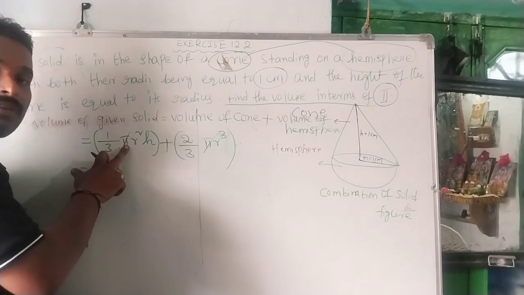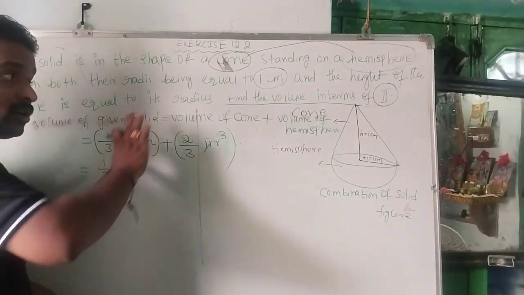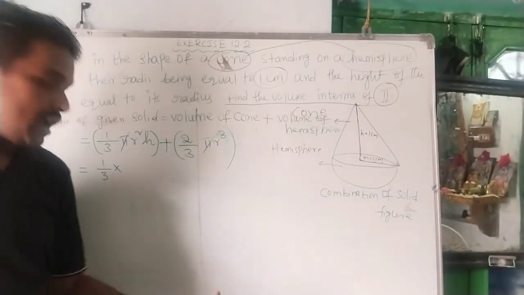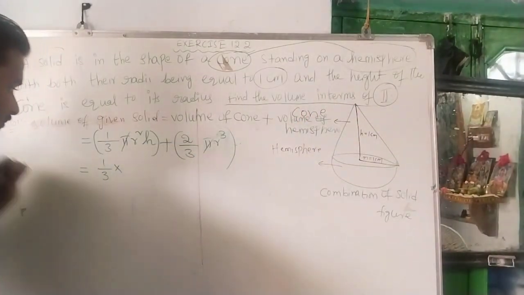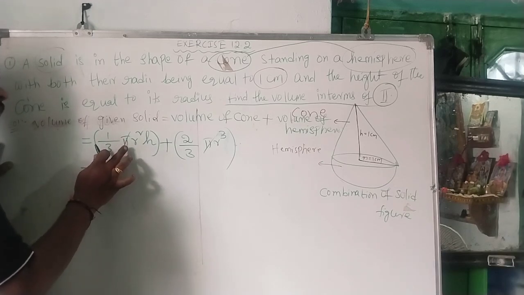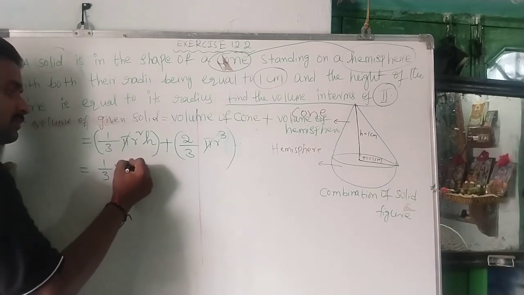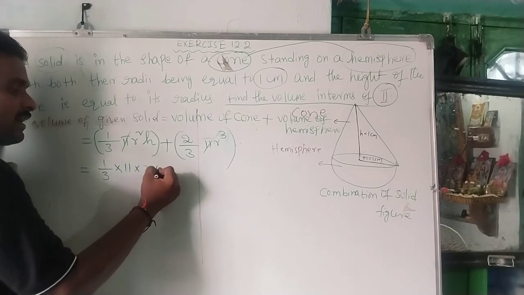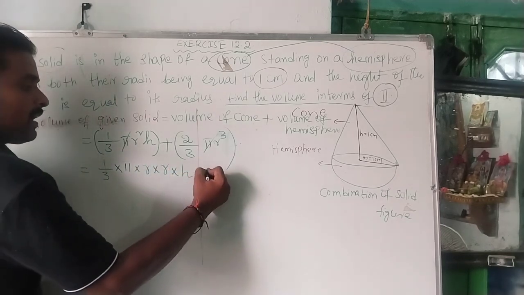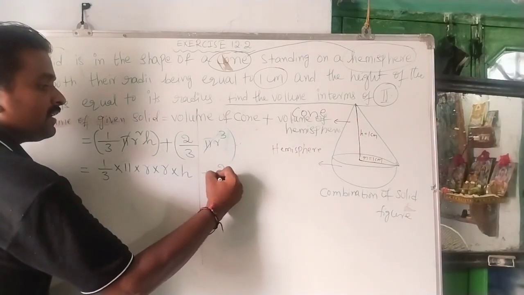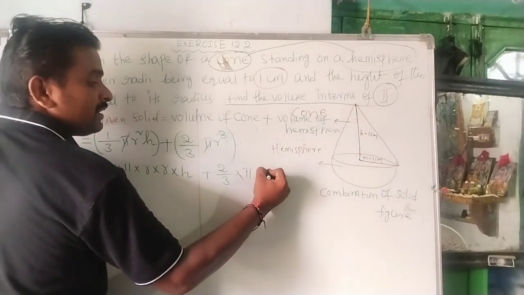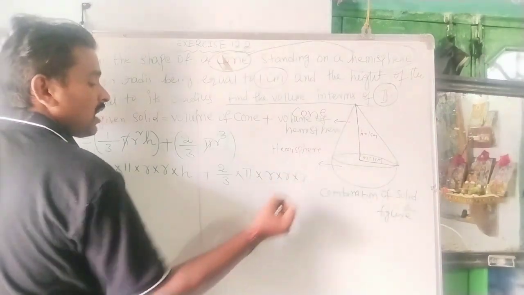The answer must have pi, so I will write pi as it is. Expand r square: r into r into h, plus 2 by 3 into pi r cube, which means r repeats 3 times, r into r into r.